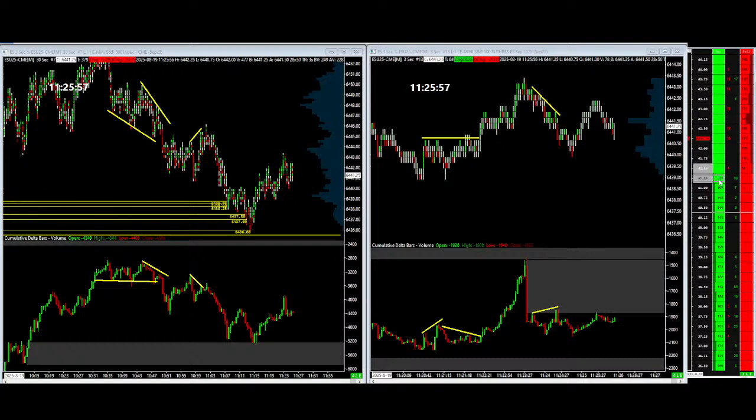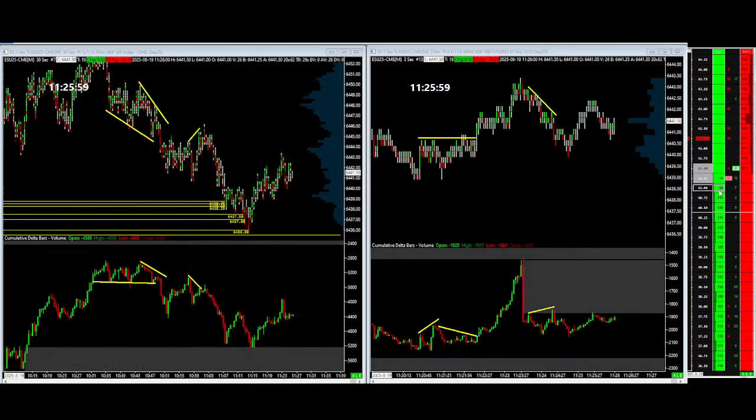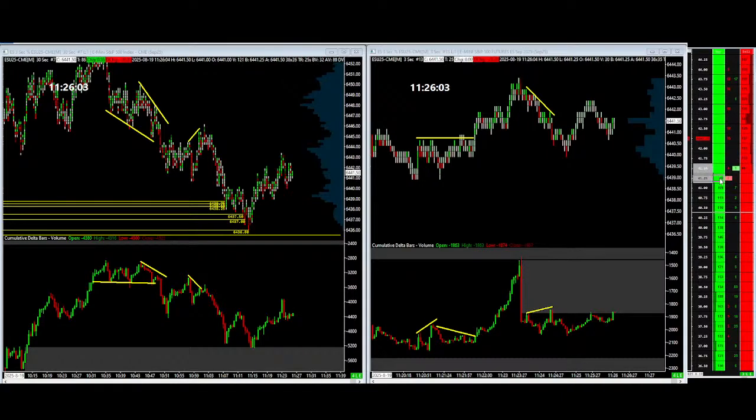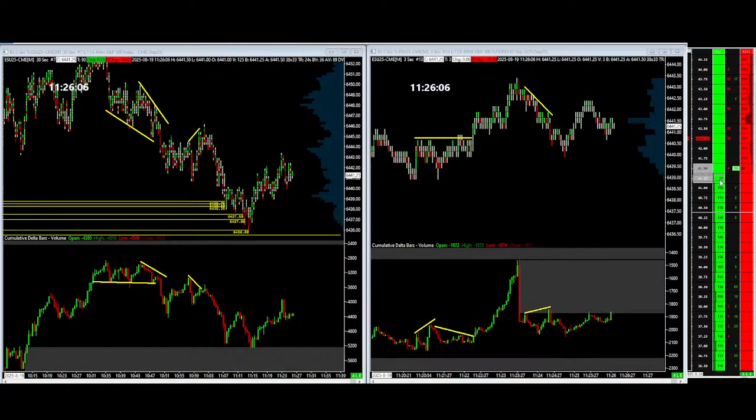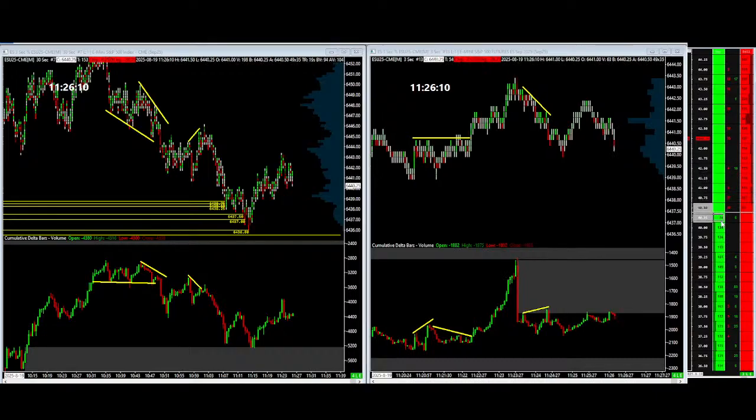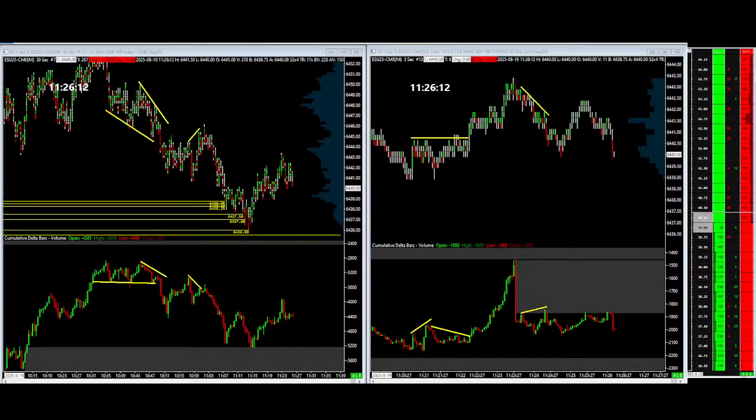You probably get 2 points out of it or something. The sellers are diverging again, which is a good sign. So they're holding it. Take it there. 2-pointer.